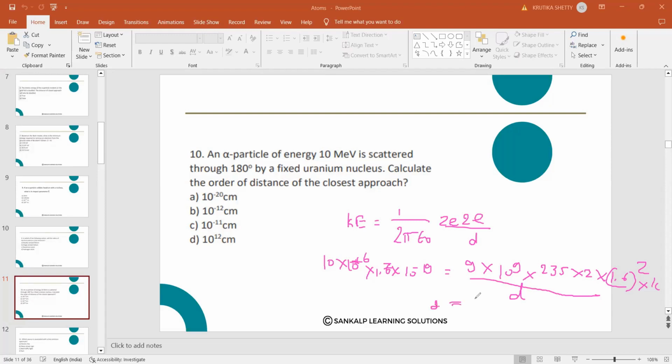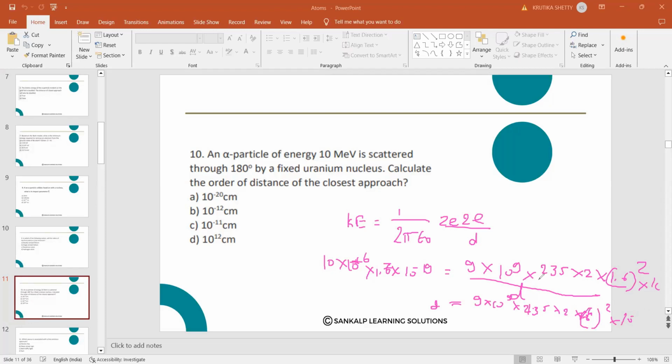Take this d here and write all the numerator terms: 9 into 10 raised to 9 into 235 into 2 into 1.6 square into 10 raised to minus 5, and divided by 10 into 1.6 into 10 raised to minus 19 plus 6.